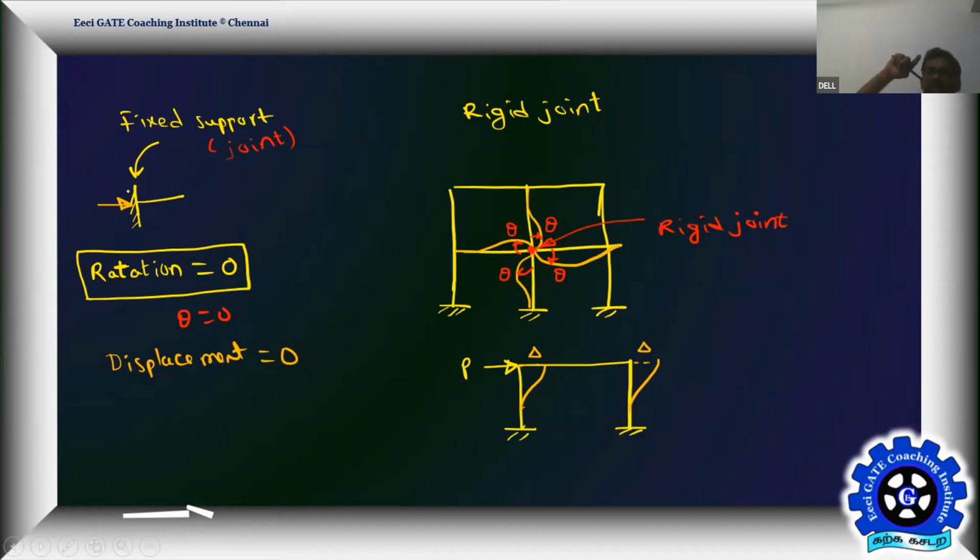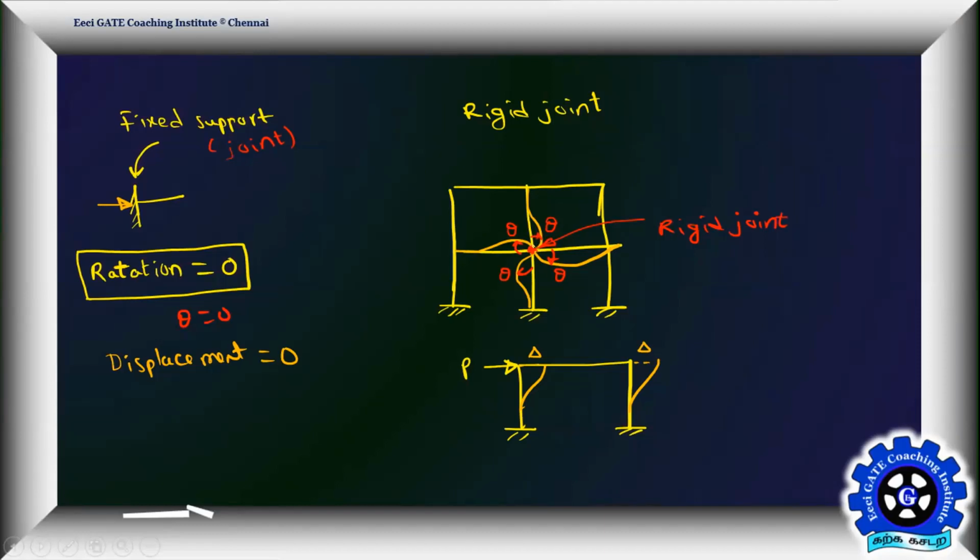Now, what is the meaning of rigid joint? If I apply some moment at a rigid joint where several members are meeting, look here. Let's name them A, B. How many members are meeting at this joint? You can see clearly. Four, sir.